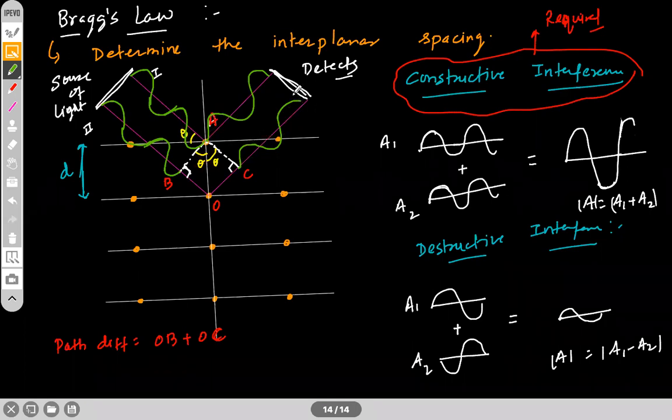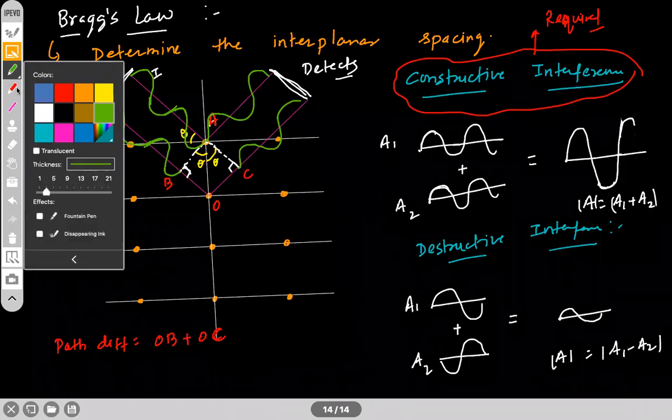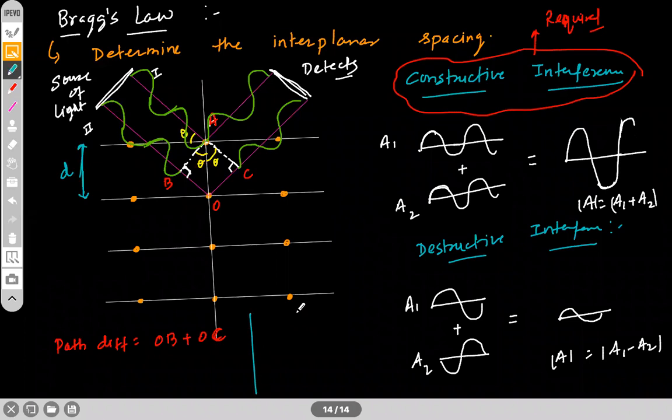Okay. So now this distance OB plus OC, if you try to find out in the triangle ABO, OB will be D sine theta.